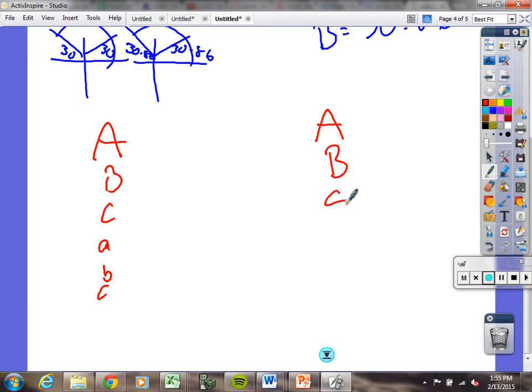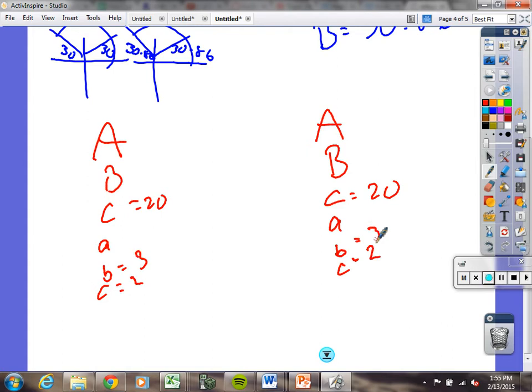A, B, C, A, B, C, right? So on my first triangle, what was the angle? Was it C that was 20? Is that what you guys have in your notes, C is 20? Okay, so I put 20 and then 20, because they're automatically going to be that, right? C is always going to be 2 here. B is always going to be 3.